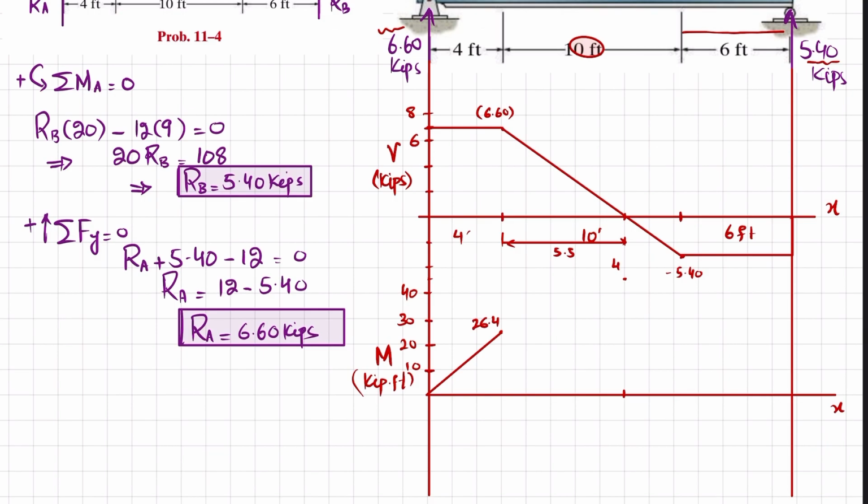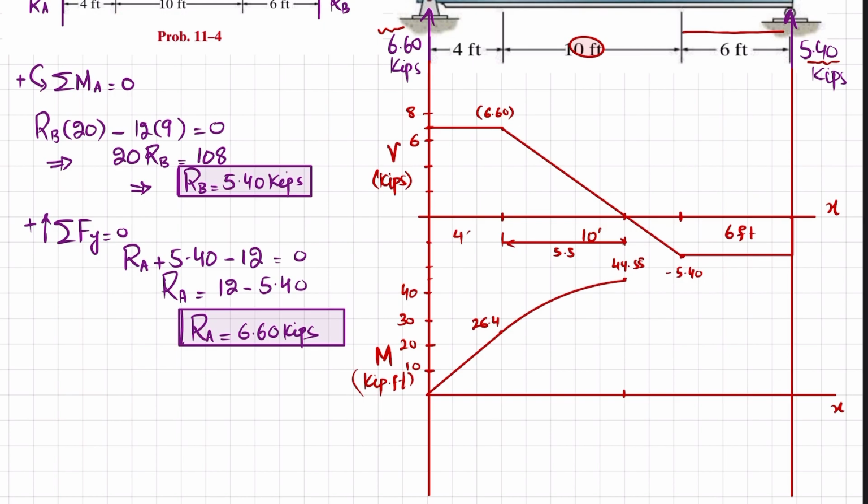This will be 44.55 kips into feet. Now you can see that this shear force line is a first degree line and slope is decreasing. So bending moment will be a second degree curve and that will be clockwise.